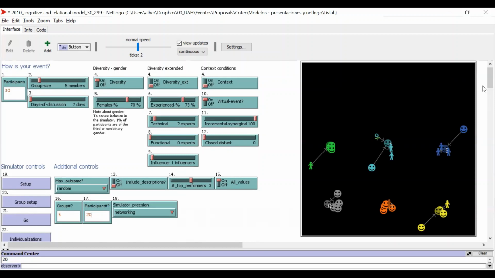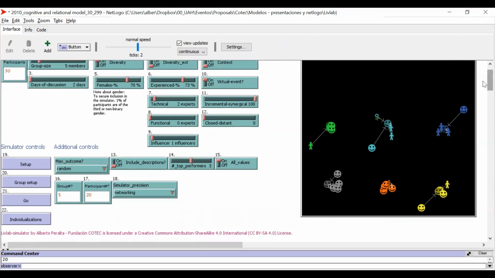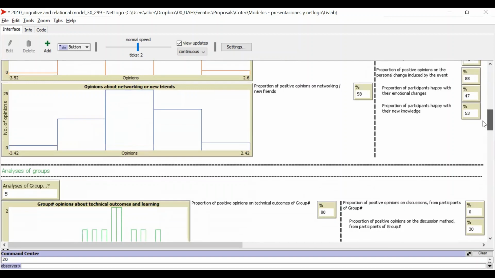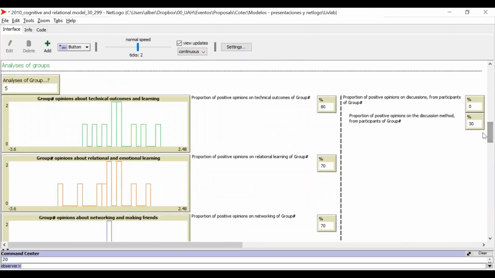Then, once we have those 2 selected, we hit individualization, and we can then scroll down once again, and then we have the information for the group populated.